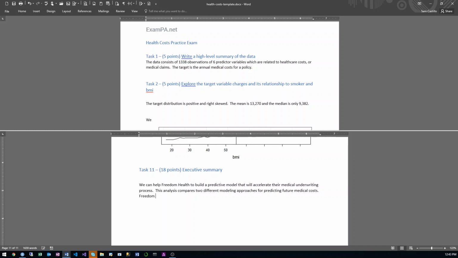Freedom can use these results, this model, to decide on which policies it wants to use this model to assign risk to policies.